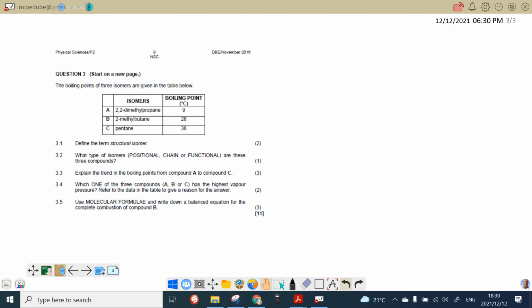So if you were to have a look at 2,2-dimethyl propane, even before we start answering the question, the chemical formula of 2,2-dimethyl propane looks something like this.